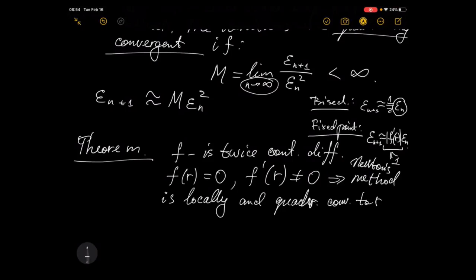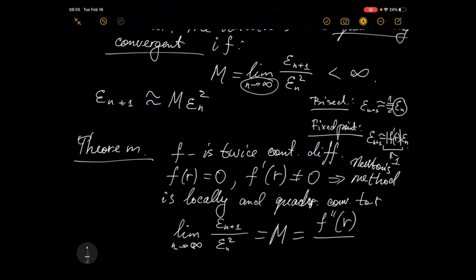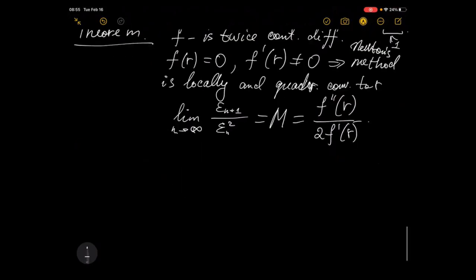And even more, the limit when n goes to infinity of epsilon_{n+1} divided by epsilon_n squared is f''(r) divided by 2f'(r). Okay, proof.